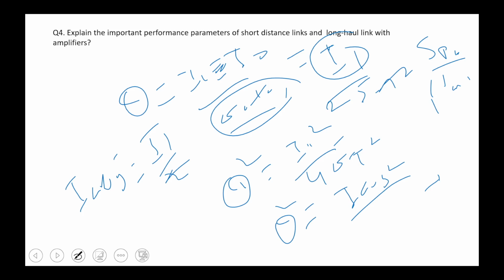I average square upon sigma t square, because the 2 and 2 cancel. So our SNR should be equal to the responsivity square times power in square upon sigma t square.